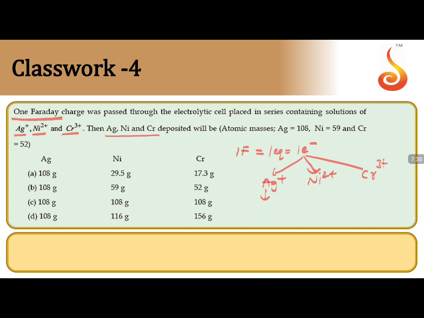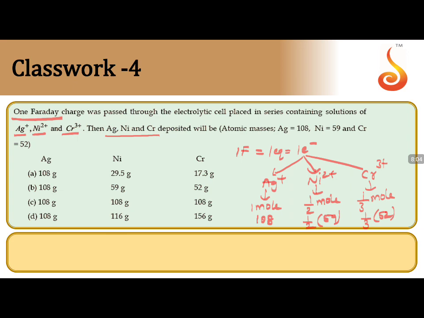You get 1 mole Ag, you get 1 by 2 mole Ni, you get 1 by 3 mole of chromium. So correspondingly you will have 108 over here. This will be 1 by 2 times of 1 mole of nickel, which is 59 as given in the question, and 1 by 3 of 52.